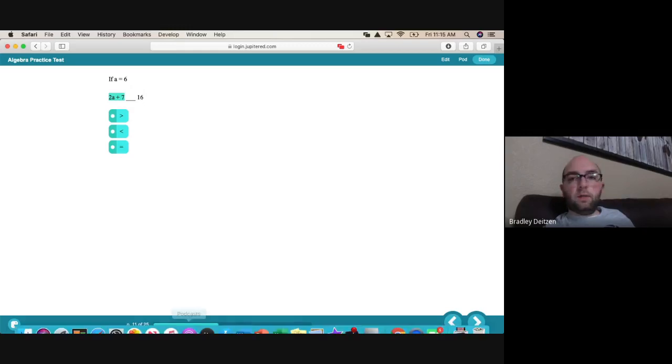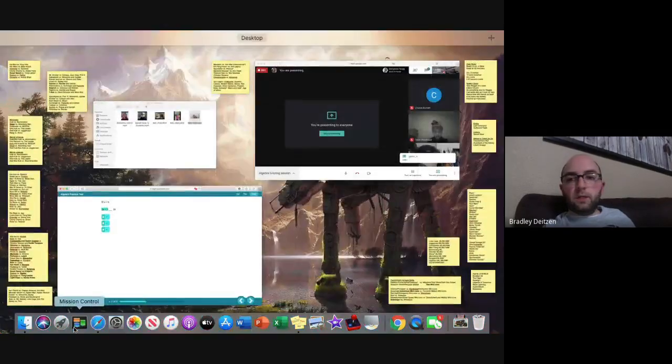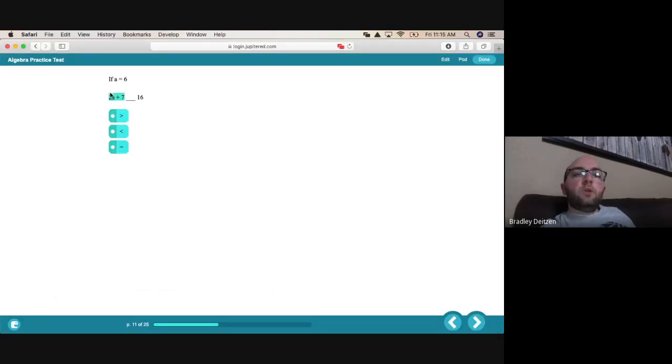Okay, 2a plus 7, so we have to solve that. We see 2a, that means 2 times whatever a is. A is 6. So 2 times 6 is 12, plus 7 is 19. So 19 is greater than 16.